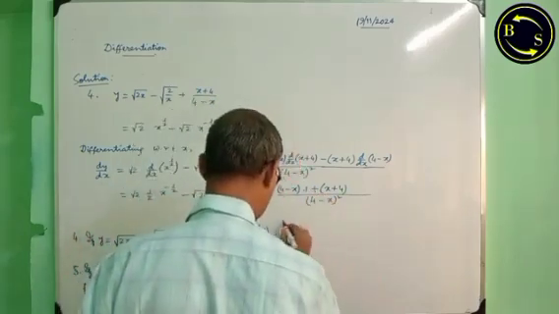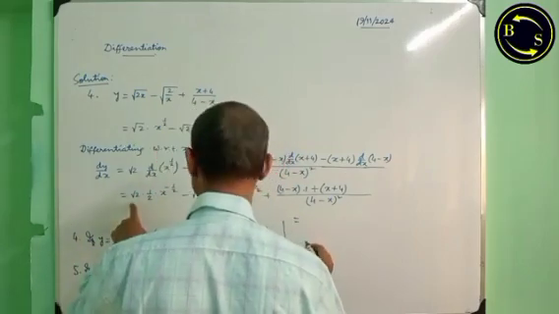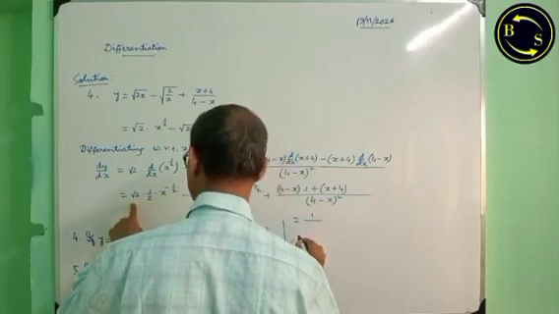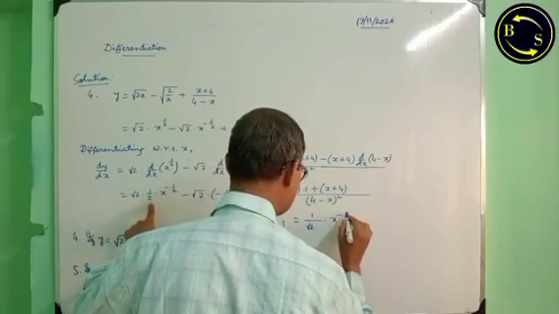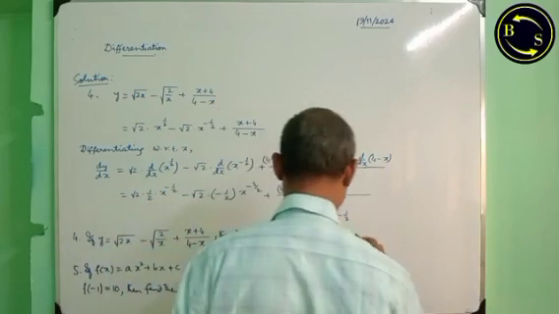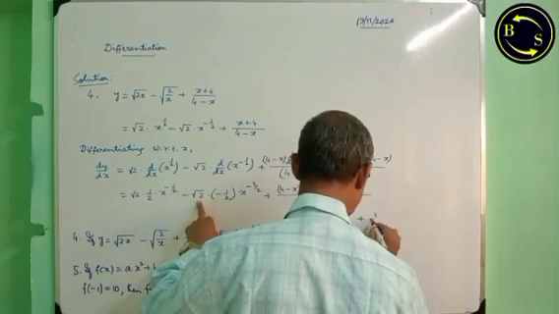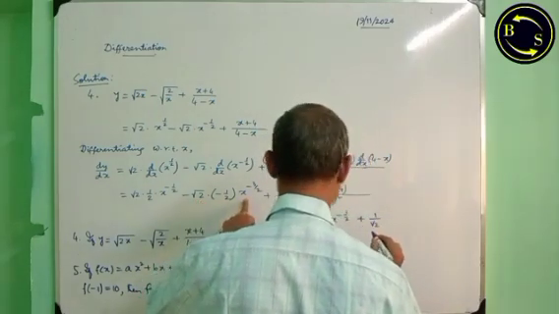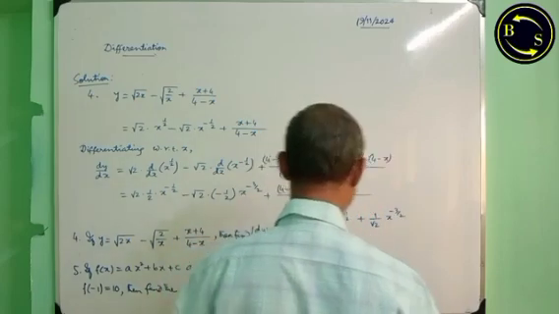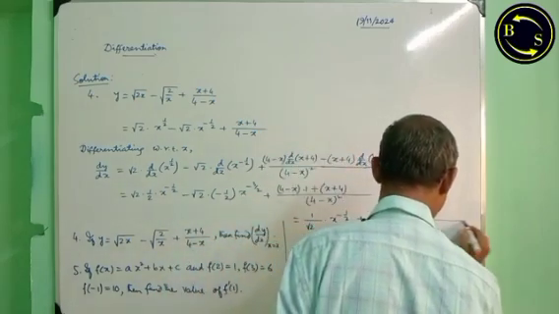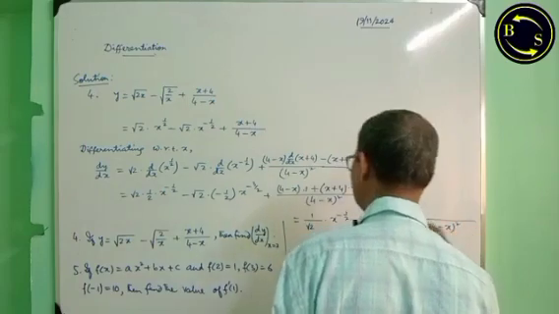Therefore, this is 1 by root 2 into x to the power minus half, plus 1 by root 2 x to the power minus 3 by 2, plus 4 minus x whole square.